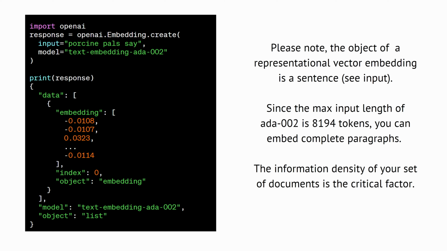Now, I got a lot of questions: what is the optimal length of my encoding? It depends here, of course, on the information density of your set and the resolution you want to achieve with your embedding. As I told you, the maximum input length of the text embedding Ada 002 system is more than 8,000 tokens. So let's say about 2,000 words. So you can here really easily embed complete paragraphs or maybe even short documents.